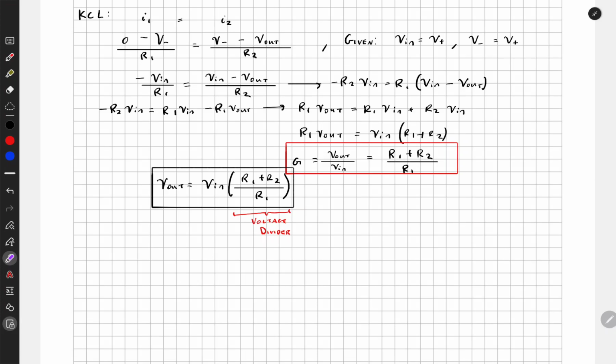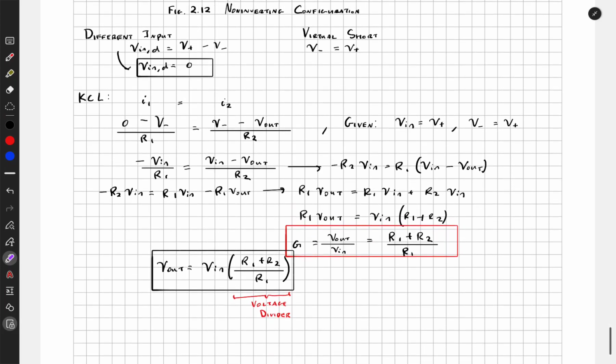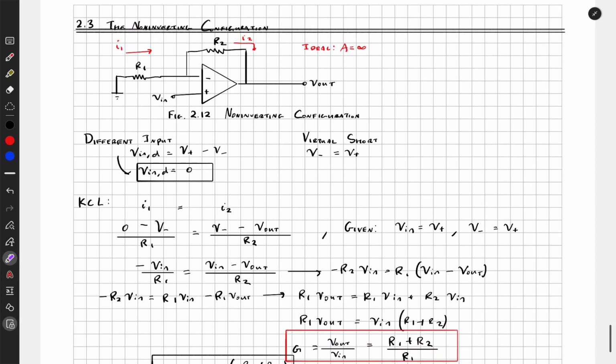So what is the behavior of this? It's equivalent to a voltage divider, right? The voltage divider circuit, or resistor divider circuit, are just different names for it. The behavior says that as V in increases, then momentarily, for a very small amount of time, the voltage difference here, known as VD, increases.